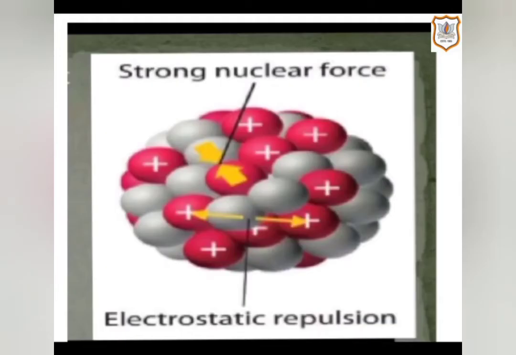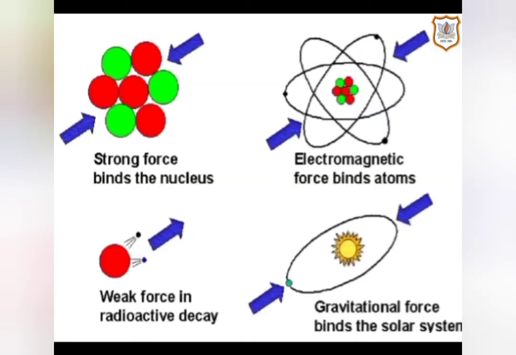Because this keeps the nucleus bound together and the structure of matter is only due to this strong nuclear force. Now we can summarize like this: strong force binds the nucleus, electromagnetic force binds atoms, weak force exists in radioactive decay, and the gravitational force binds the solar system.